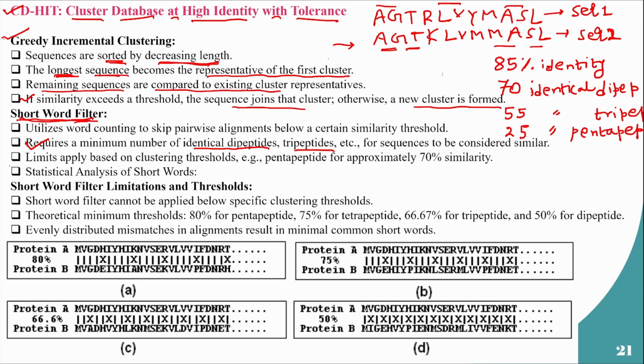And then it applies limits based on the clustering threshold. Here, of course, there are some limitations, for example 70% similarity for pentapeptides, and then you can do statistical analysis using the short word sequences to find out whether they are part of the same cluster or not.